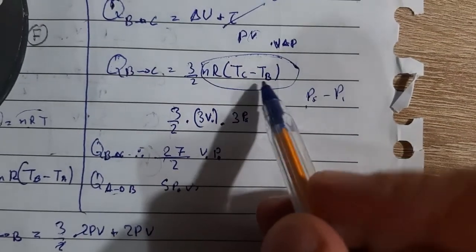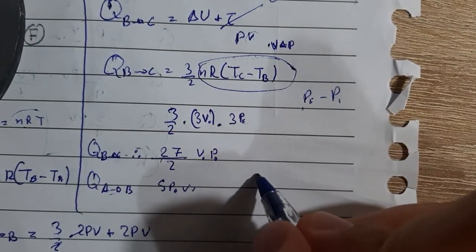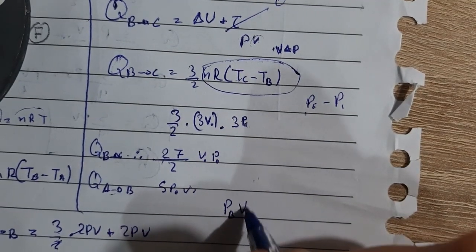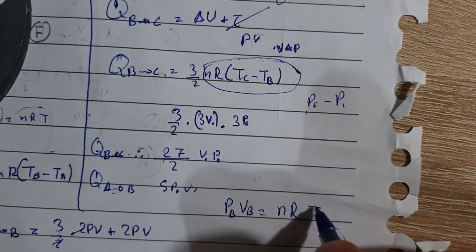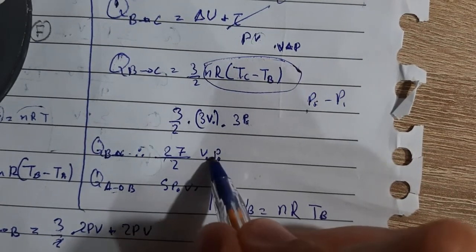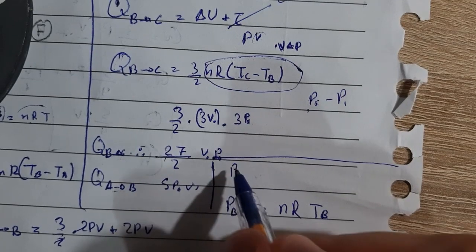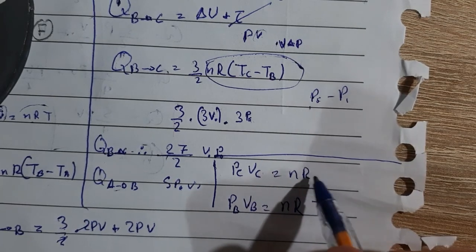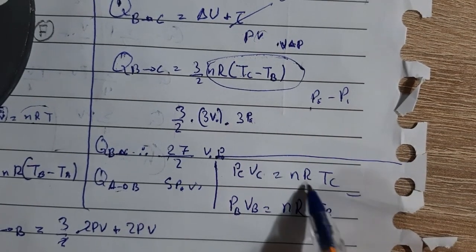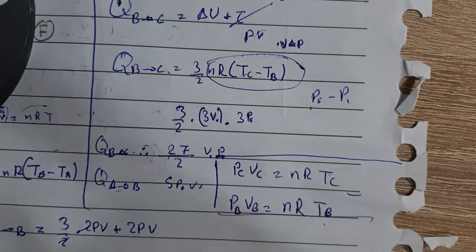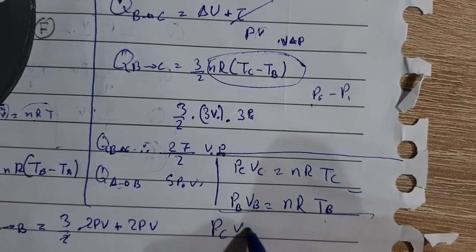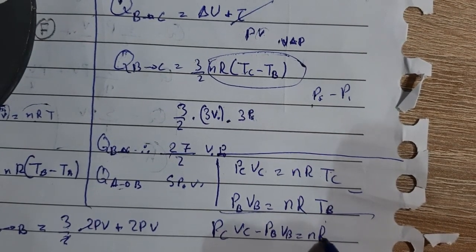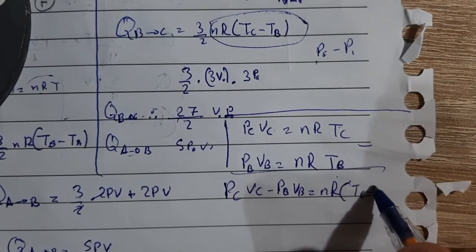Just to end it, if you want, I won't do it, but just remember, pressure in point B, volume in point B is equal to nR, temperature in point B, and pressure in point C, volume in point C is equal to nR, temperature in point C. Subtract this one from this one, so you have that PC VC minus PB VB is equal to nR times TC minus TB.